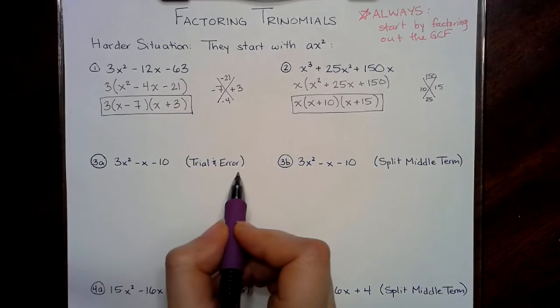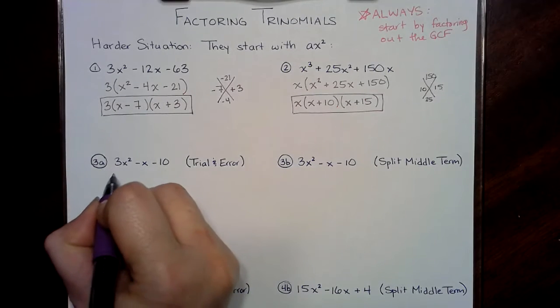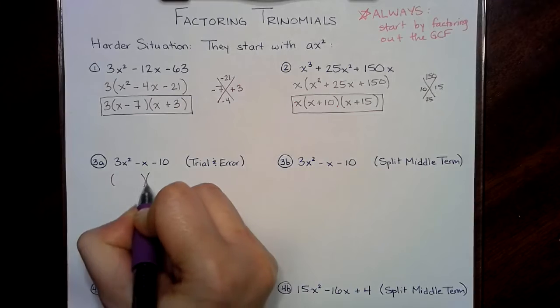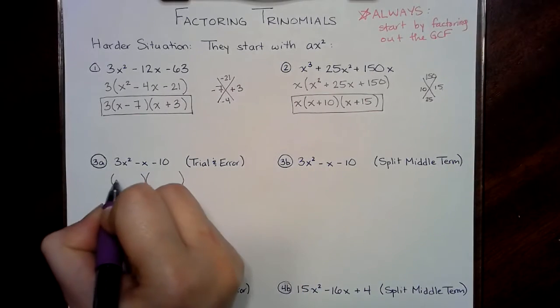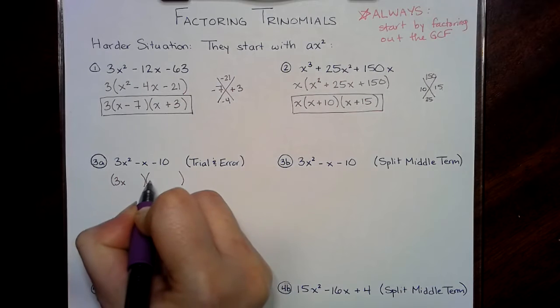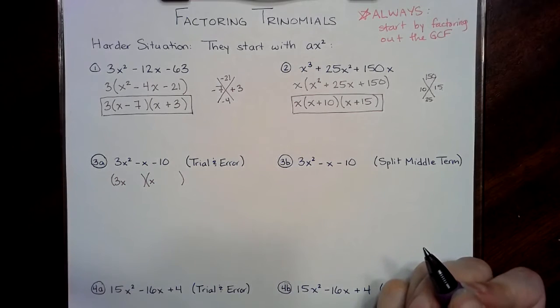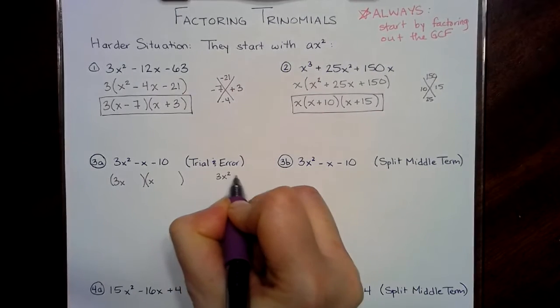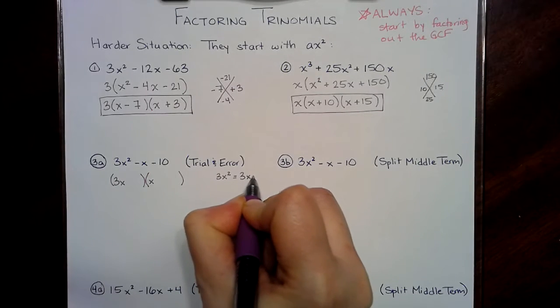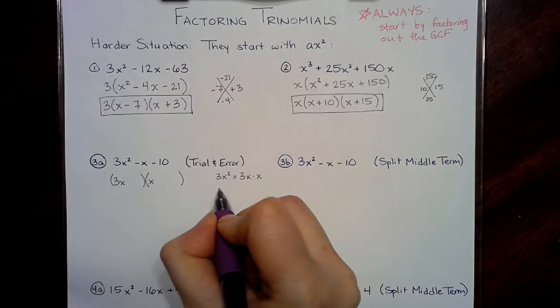Well, I could use the trial and error method, which is basically to say, well, what happens to get me 3x squared? Well, 3x and x is going to multiply to 3x squared. So 3x squared could be 3x times x.